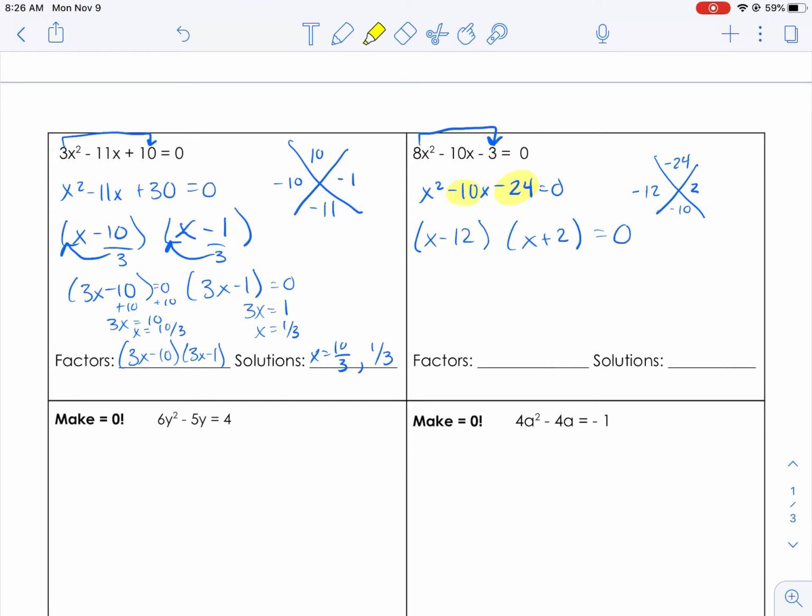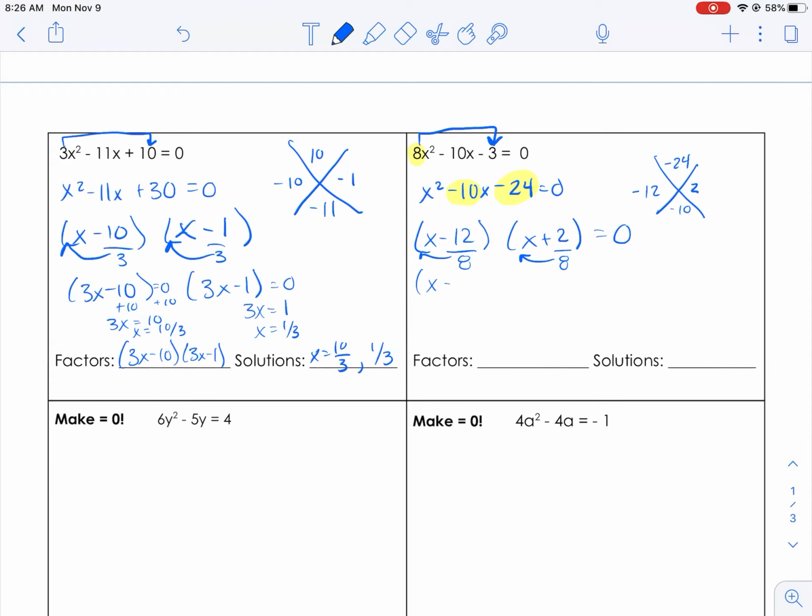But we can't stop there because we multiplied by 8 in the beginning, so now we have to divide by 8. And these do not simplify nicely, so we're going to bring that out in front. So it's going to be 8x minus 12. Actually, this one we can simplify a little bit.